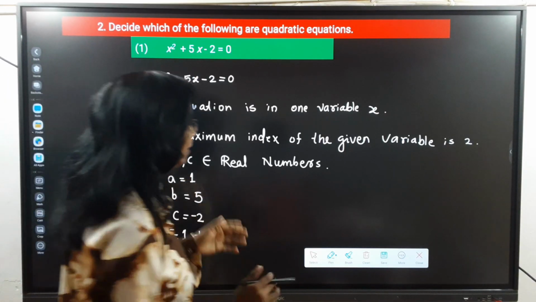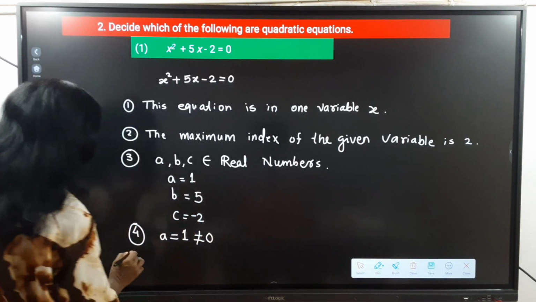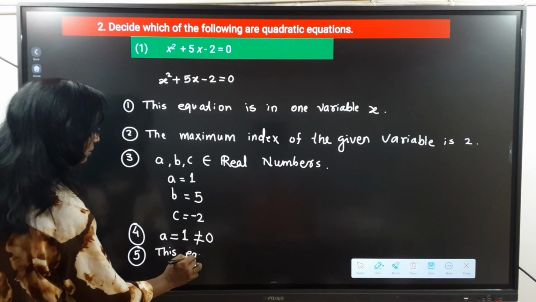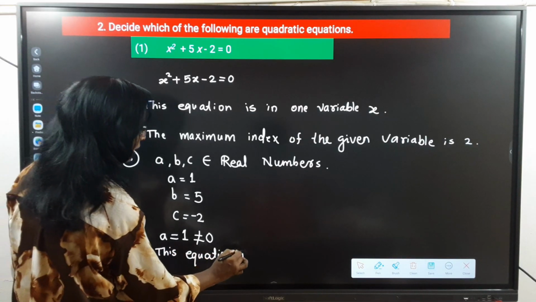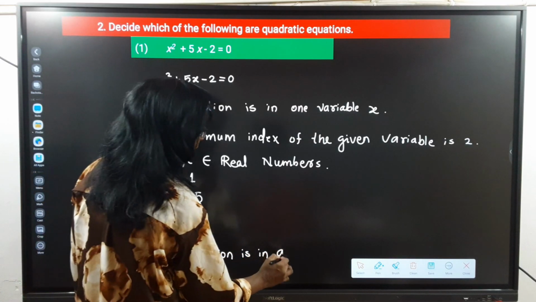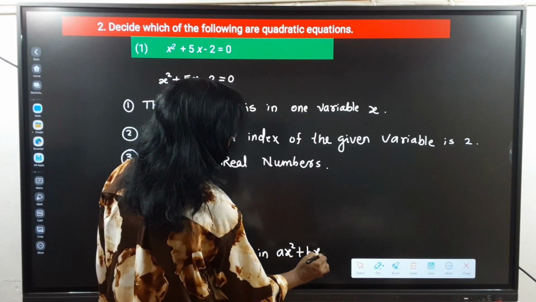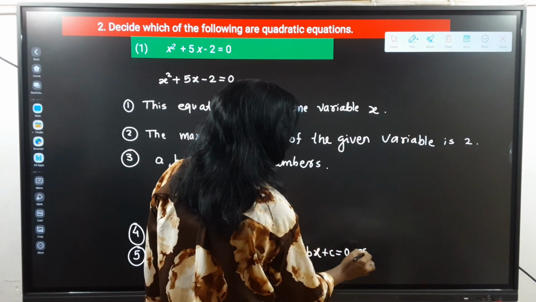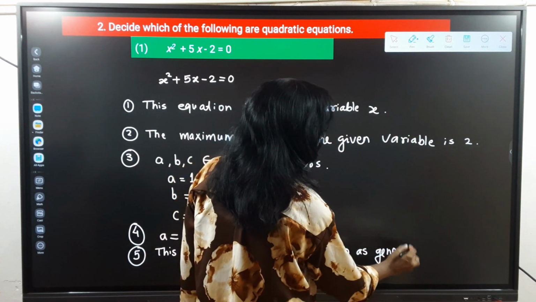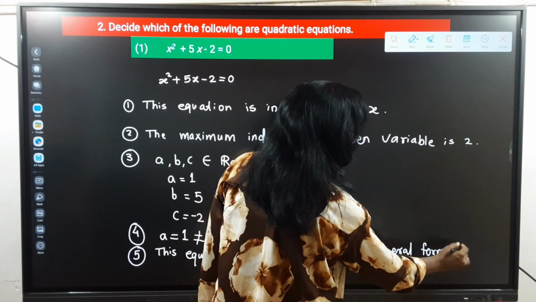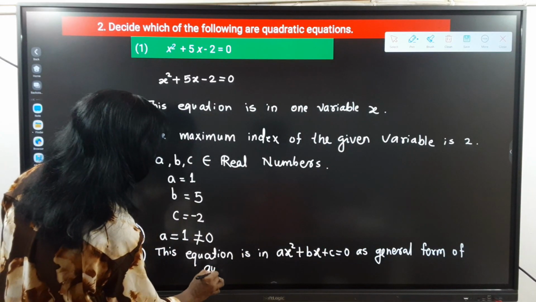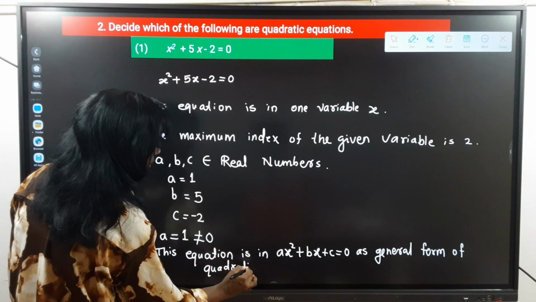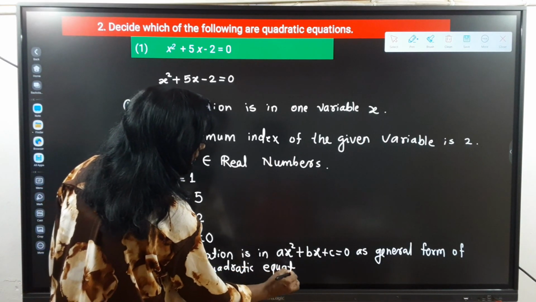And students, very important, the fifth condition is that this equation is in the form ax square plus bx plus c is equal to 0, the general form of a quadratic equation.